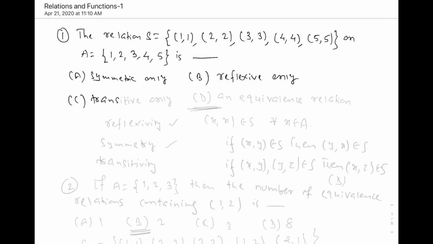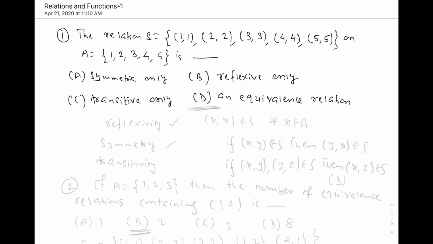Then transitive only, and an equivalence relation. Friends, we know if a relation is reflexive, symmetric and transitive, then it is an equivalence relation.